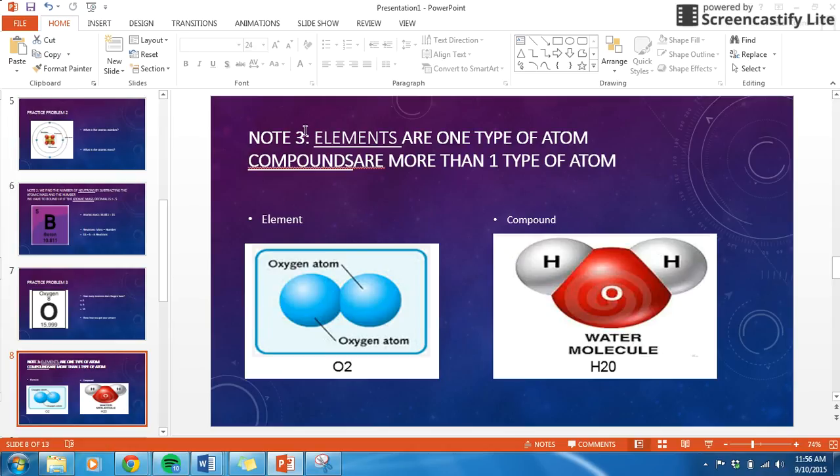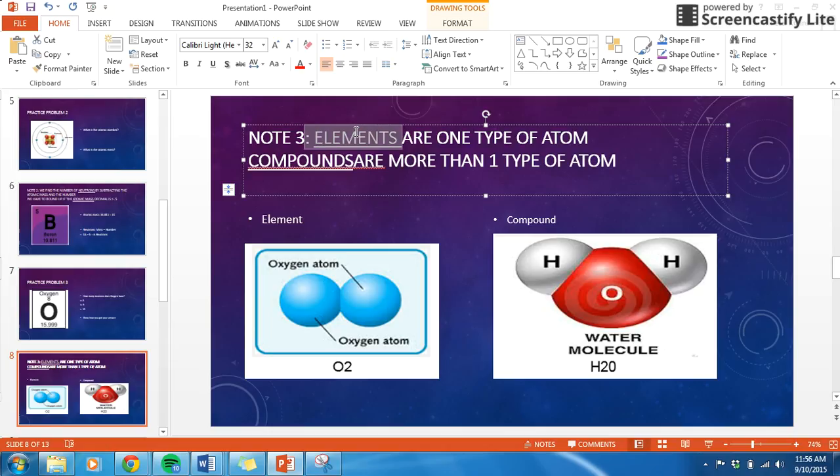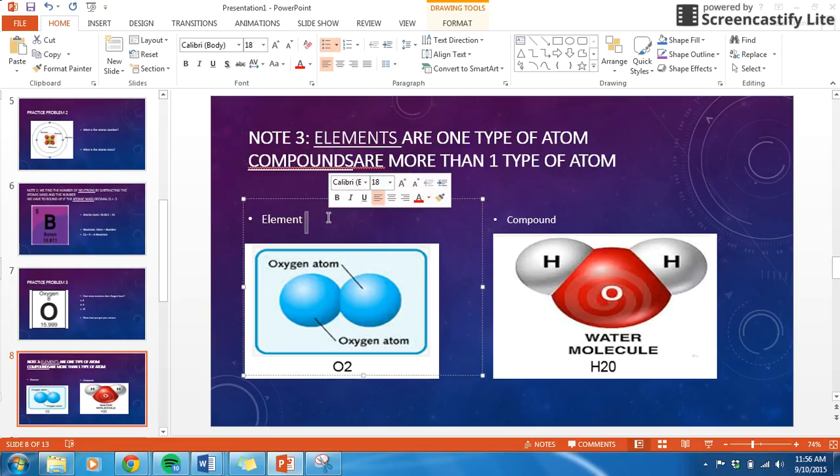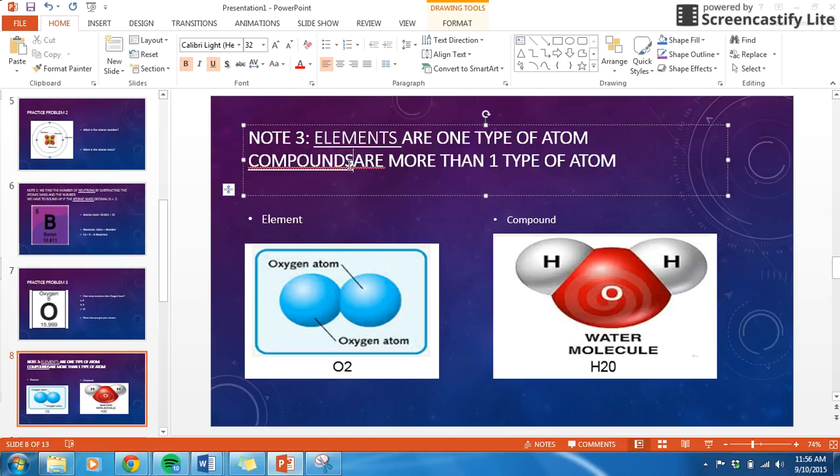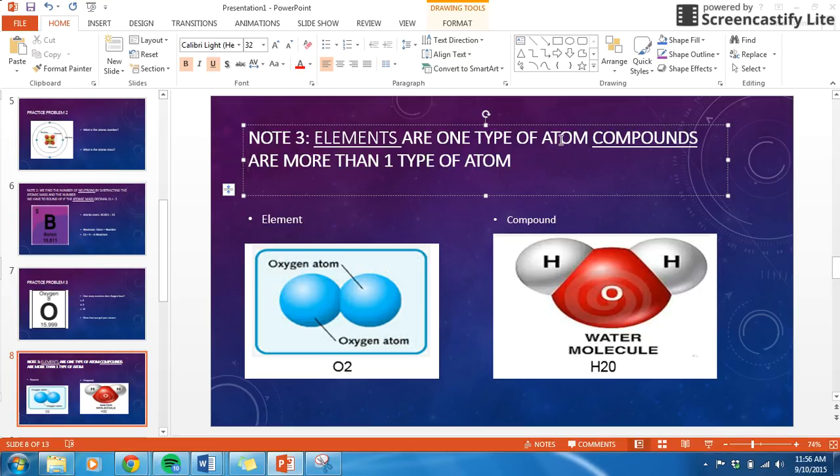Note number 3. Elements are one type of atom, and compounds are more than one type of atom. So I know that an example of my element is oxygen. Even though there are 2 atoms here, they're both the same element. So this is considered an element because they're both oxygen atoms.